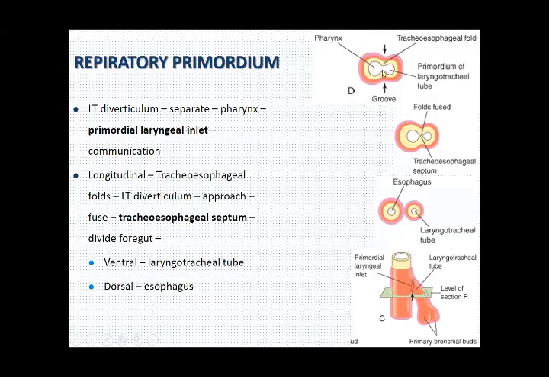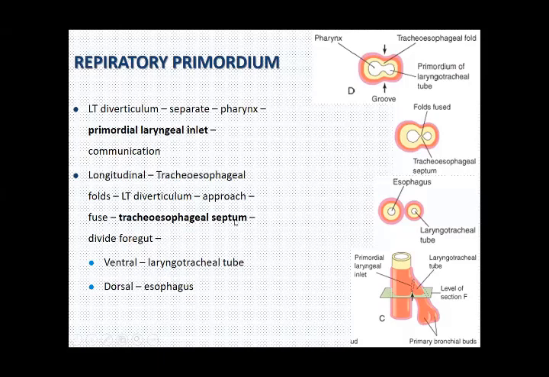These folds are called laryngotracheal folds. These folds come to approach each other, they come close to each other, and then they fuse with each other. When they fuse with each other, they form what is called a tracheoesophageal septum.